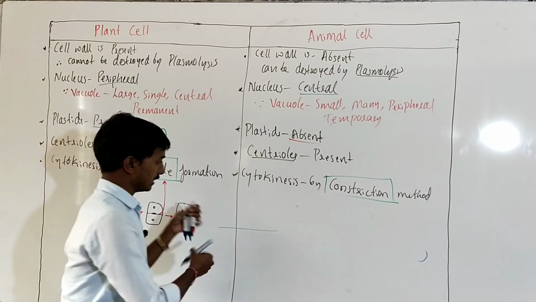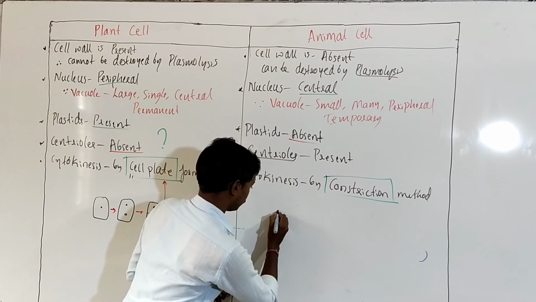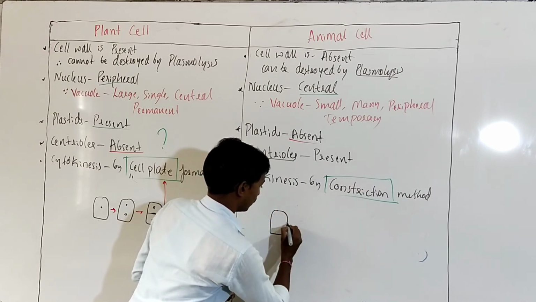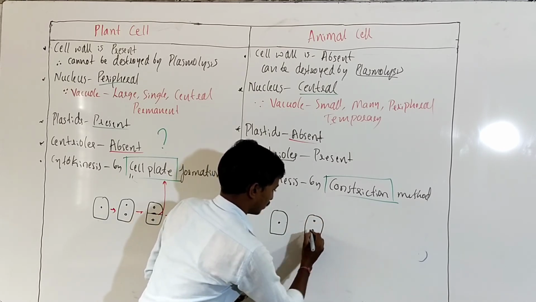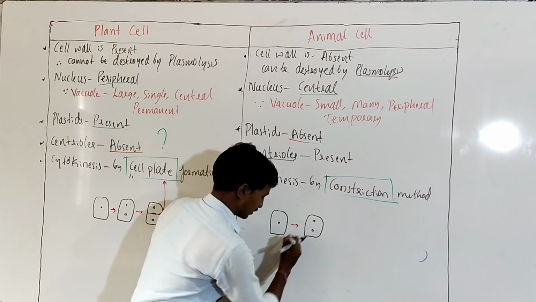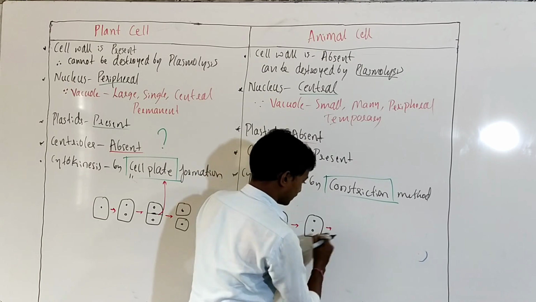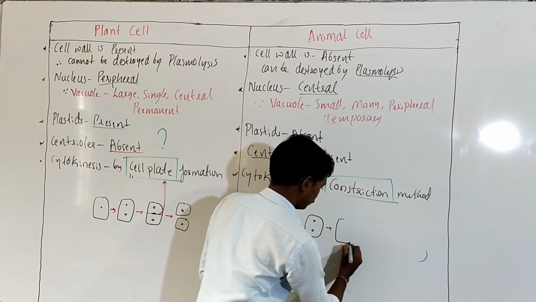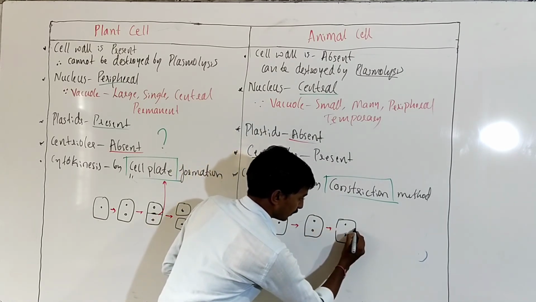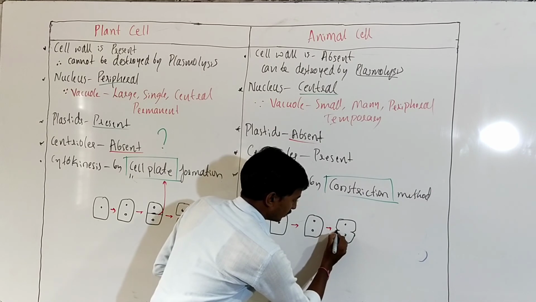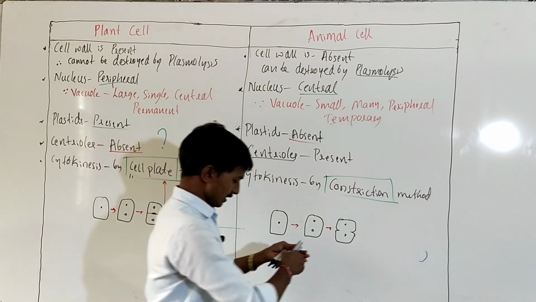But in the case of animal cells, it is constriction. Let me draw it again. A cell having one nucleus undergoes karyokinesis to have two nuclei. Then after karyokinesis, the cell starts inward growth. This inward growth is known as constriction.